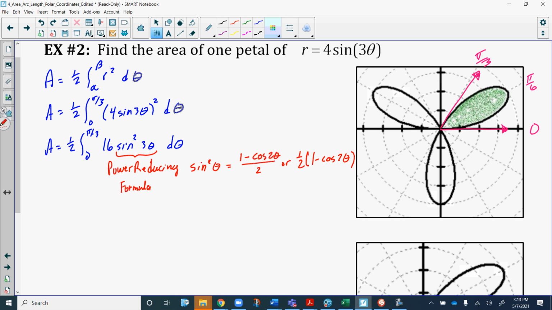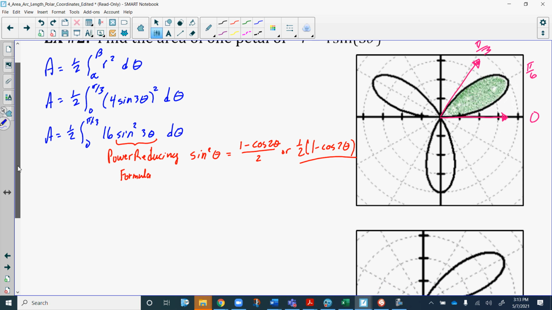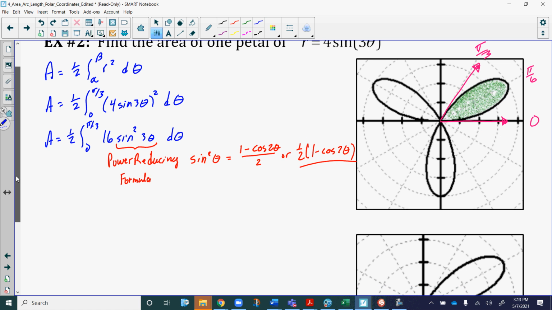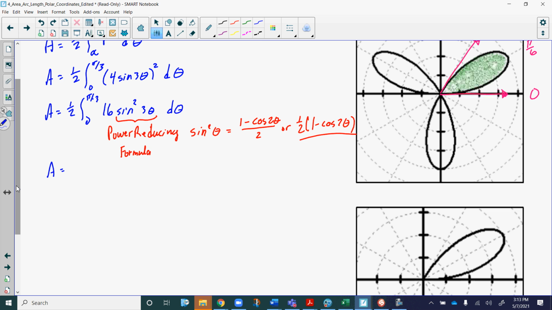So in this case, I think I'll go ahead and do this one because I did the common denominator fraction on the previous problem. So let's go back to finding our stuff here. Area is equal to 1/2 definite integral 0 to pi over 3. The 16 is not affected by the power reducing formula, but actually, you know what I'm going to do?